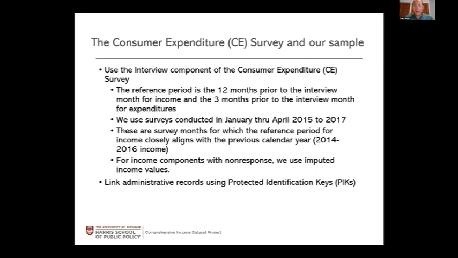For income components with non-response, we're going to use imputed income values as the CE recently started imputing income. We'll link the administrative data from all of our administrative sources that I'm going to tell you about in a minute to the survey using PIKs, which you can think of as scrambled Social Security numbers.